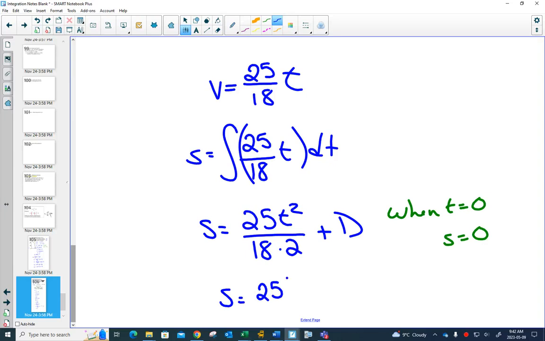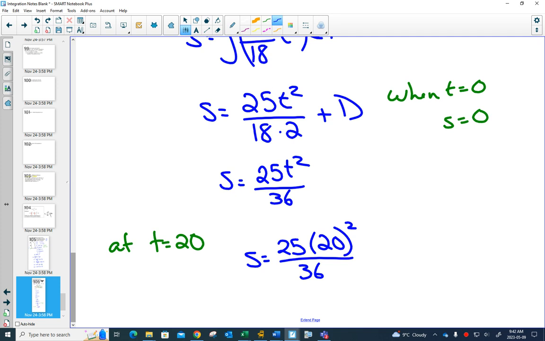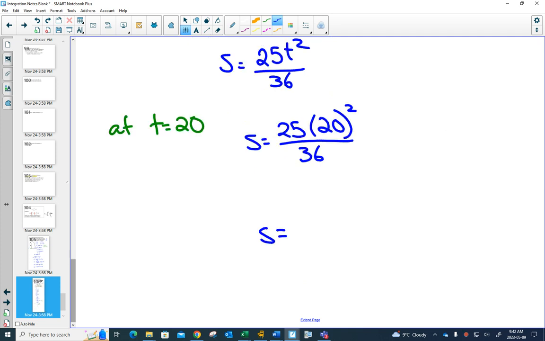So our formula gives us the answer to the question, how far has it traveled in those 20 seconds? 277.8 meters. So again, meters seems like a good unit.